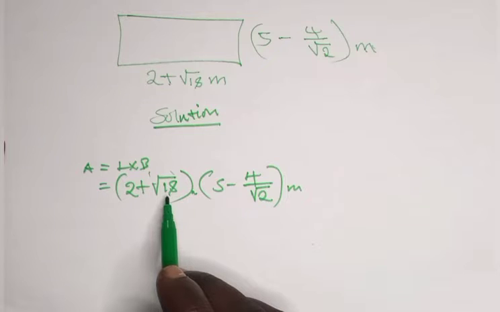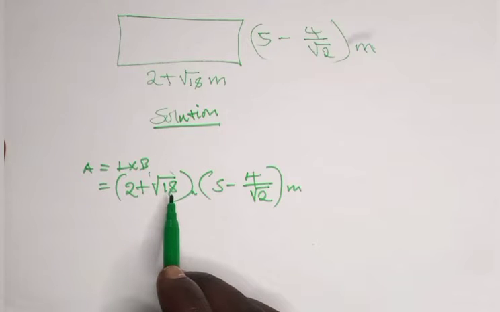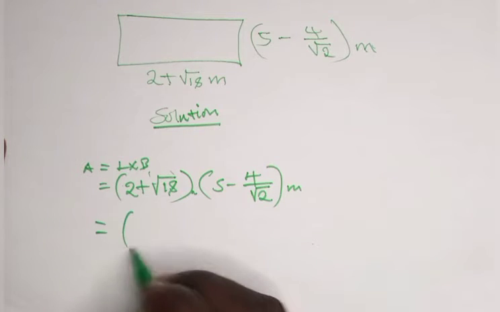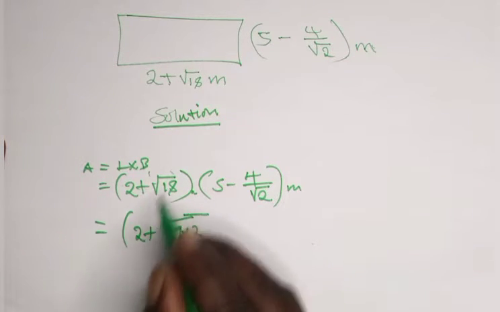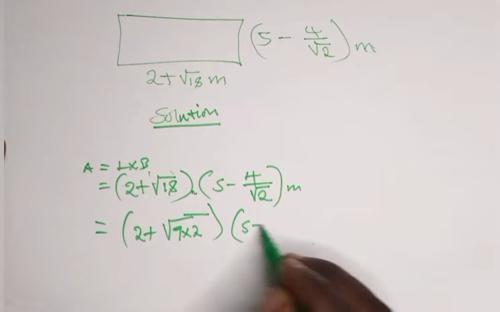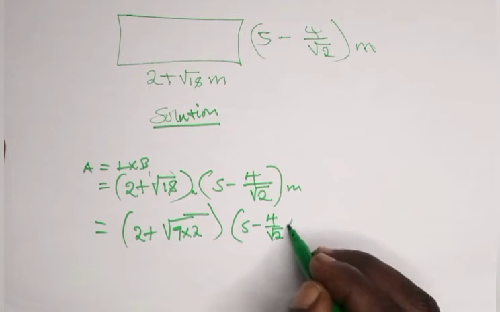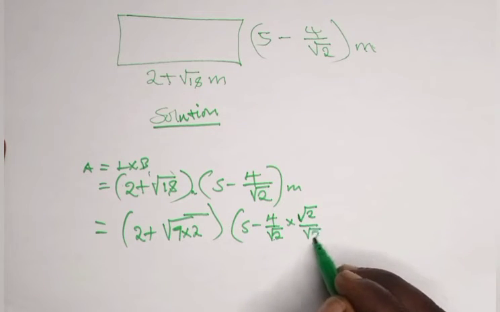We have to look for a factor which goes into 18 without leaving a remainder, which is 2. So let's write open bracket 2 plus root 9 times 2, because 2 times 9 is 18, close. Then 5 minus 4 over root 2, where we multiply numerator and denominator by root 2 over root 2, close.